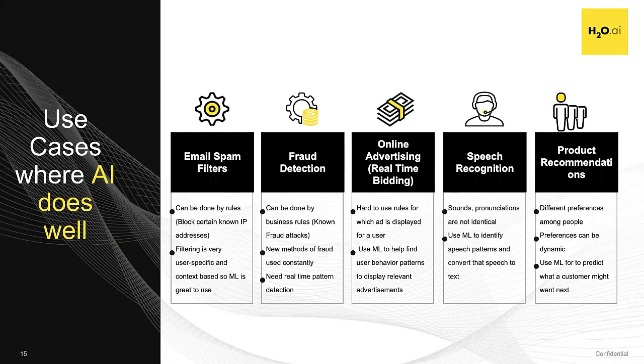If you shop in an online retailer, or if you watch movies from one of the streaming services, or TV shows, or music, whatever, your personal preferences are going to be very specific to you. There may be users that like some of the same things that you do, but each one of us has a specific set of preferences, and sometimes they change over time.